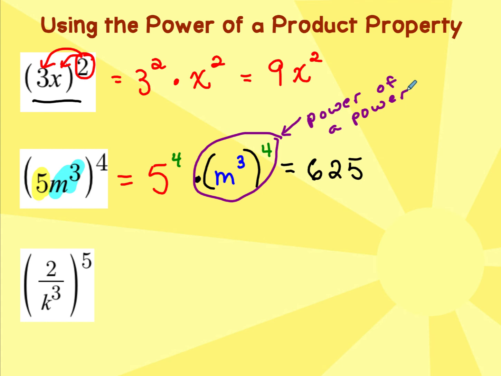So that means we're going to keep our base, which is m, and we're going to multiply the exponents 3 and 4. So 3 times 4 would make 12. So our exponent is 12 for the base m. So our final exponential expression would be 625 times m to the 12th.